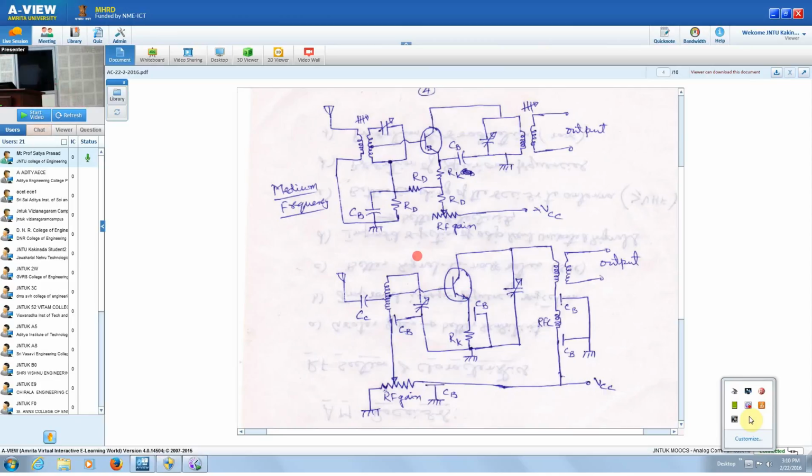This is the beautiful capacitor that we are going to have, and these things.